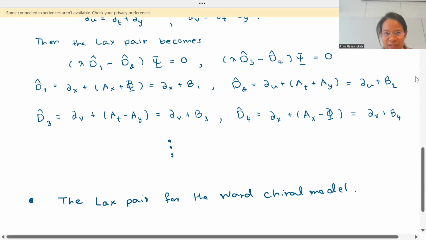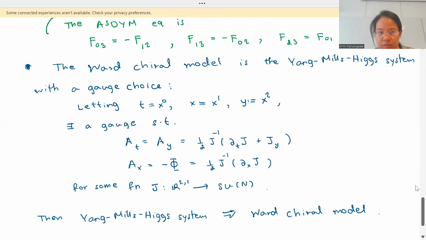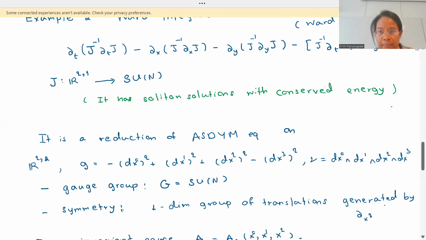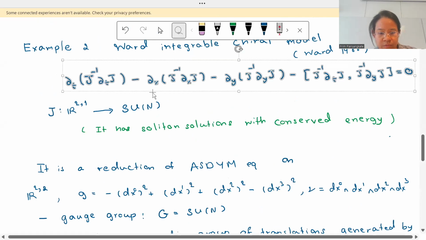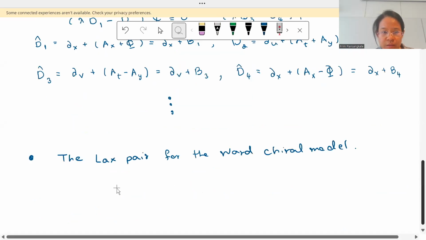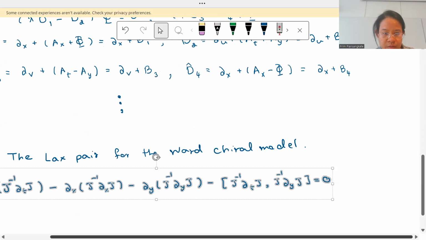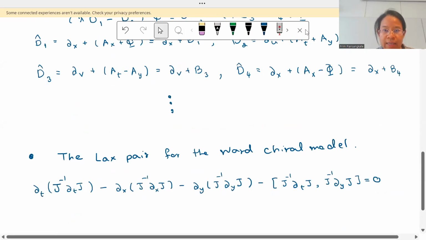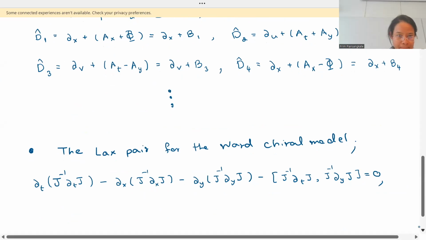Maybe I should copy the equation for Ward-Chiral model for reference. Let me just take the Ward-Chiral model. Okay, so this is the Ward-Chiral model, and the Lax pair of the Ward-Chiral model is this.